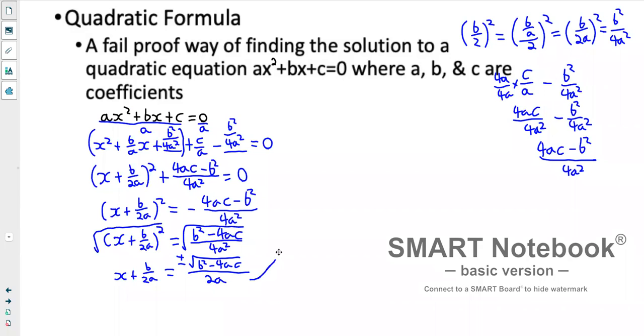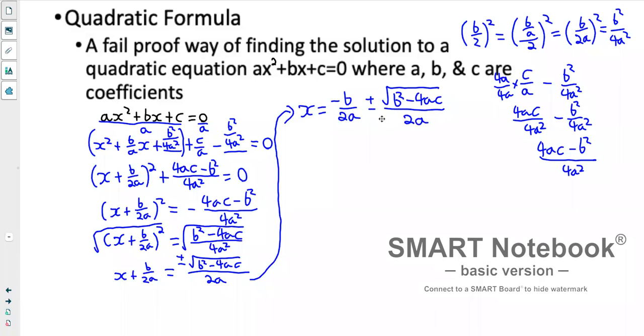We'll continue this up here. And we'll move b over 2a to the other side. So we have x is equal to negative b over 2a plus or minus the square root of b squared minus 4ac all over 2a.